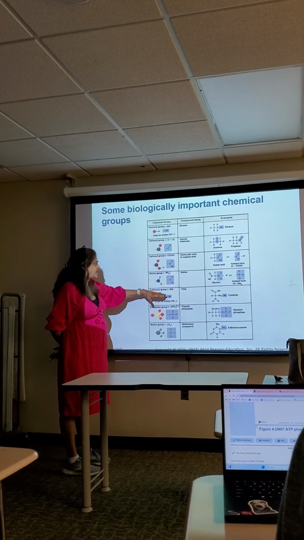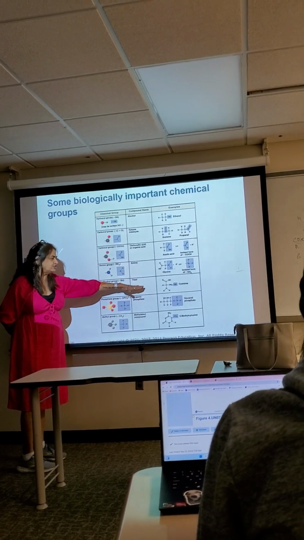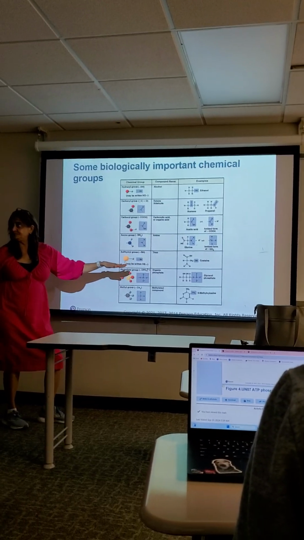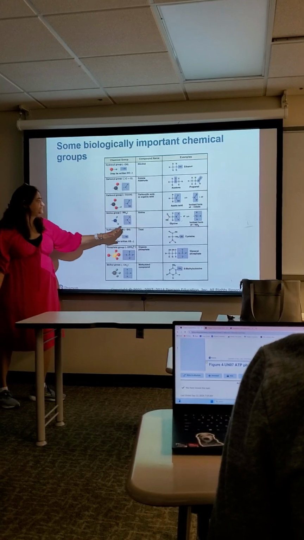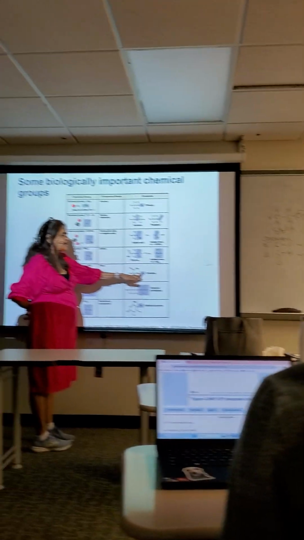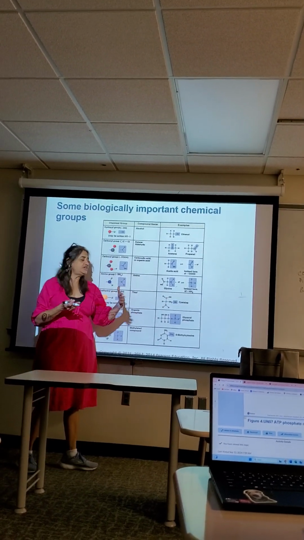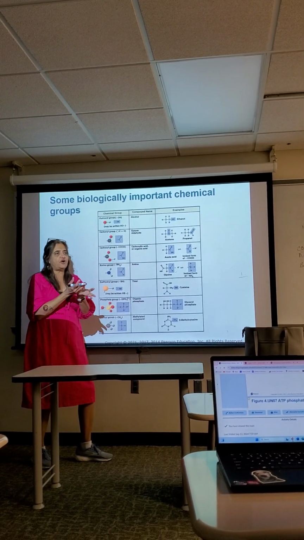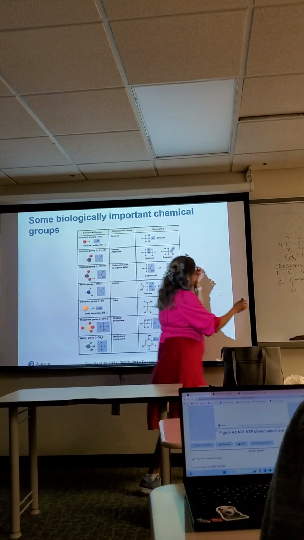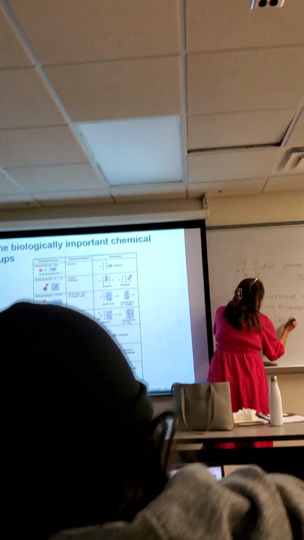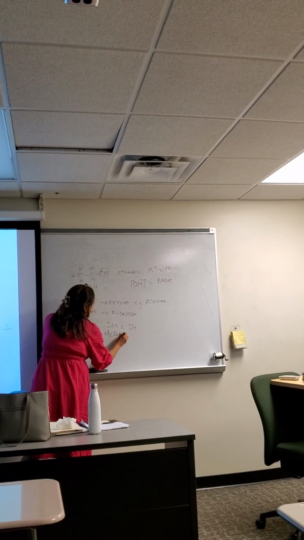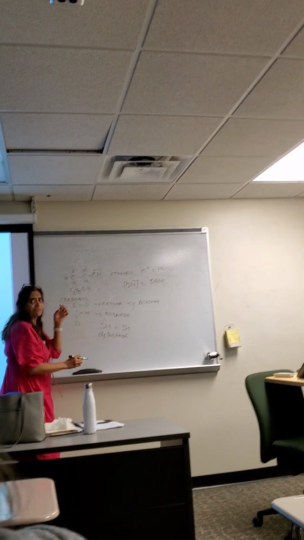Then you have the sulfhydryl group, which are called thiols. They are represented as SH. S is sulfur, and H. They are found in many amino acids like cysteine, and when they are side by side, they can form disulfide bridges. They can bond with each other, SH with SH. These are called disulfide bonds.